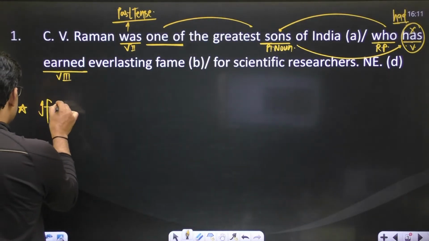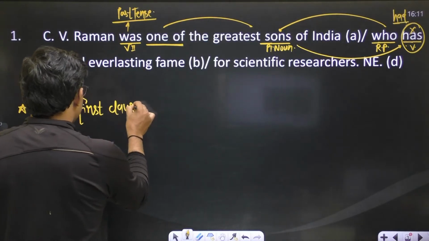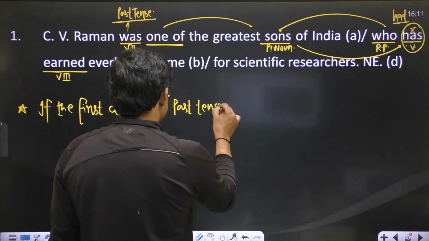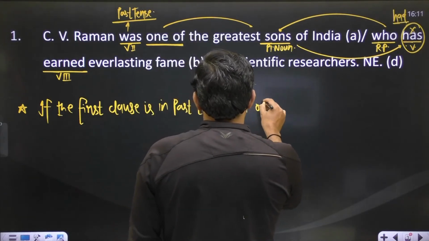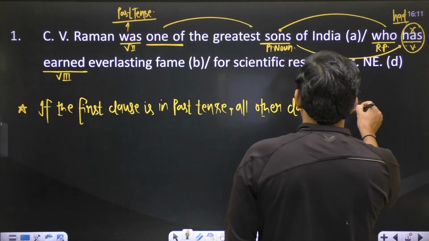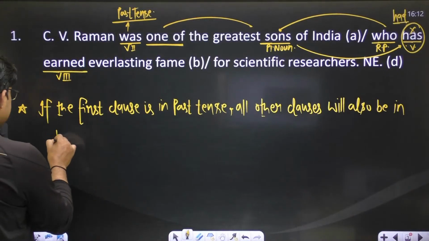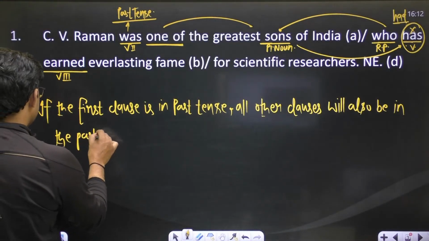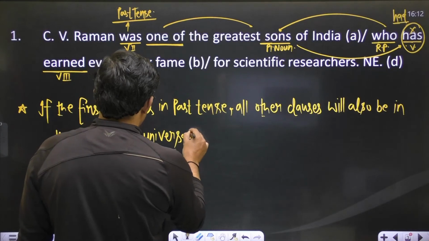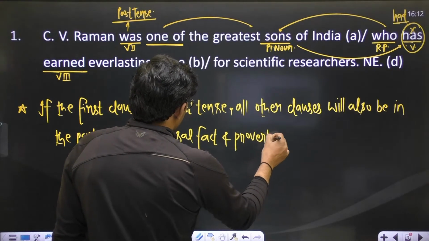The concept is: if the first clause is in past tense, all other clauses will also be in the past tense, except universal facts and proverbs.